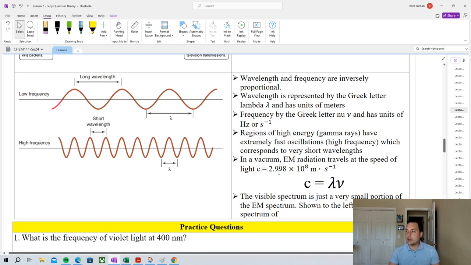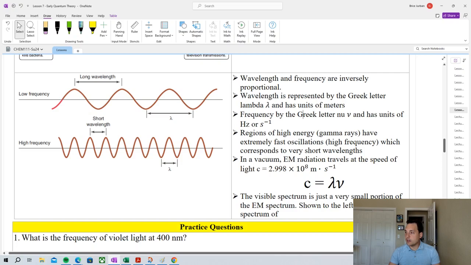And for electromagnetic radiation, all of these waves travel at the same speed. They all travel at the speed of light in a vacuum, which is 2.998 times 10 to the 8th meters per second, which is sometimes referred to as the speed limit of the universe. So nothing can travel faster than the speed of light.